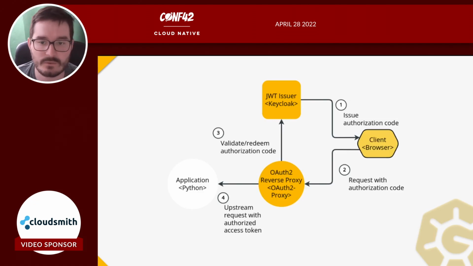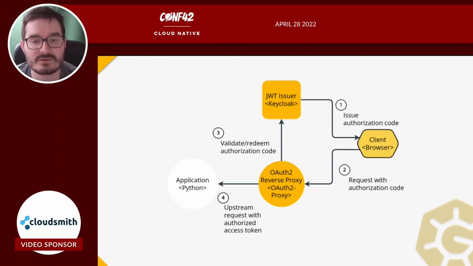So just a quick recall how the OpenID Connect flow is working. If I want to access my backend application from my browser, I first have to request an authorization code. And this is done by a redirect from the OAuth 2 reverse proxy to the JSON Web Token issuer. And in this case, it's Keycloak.